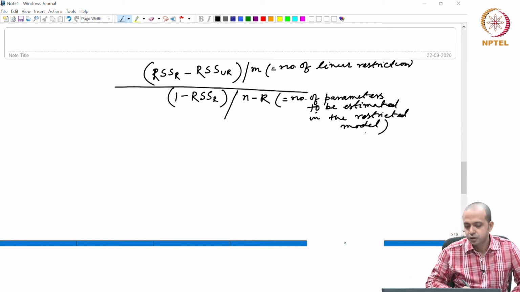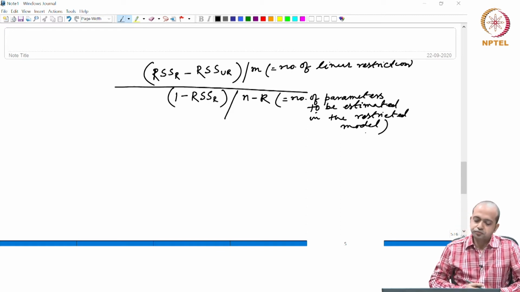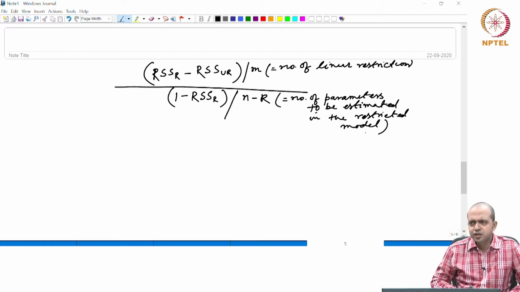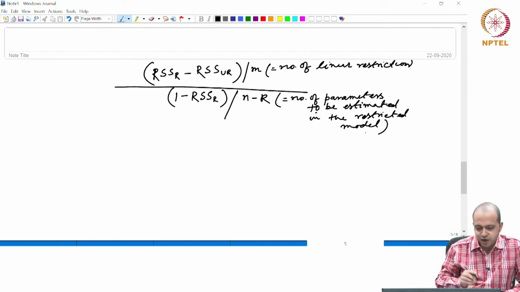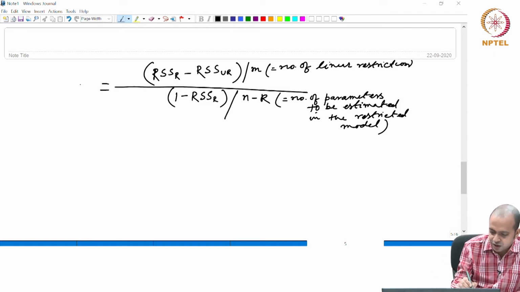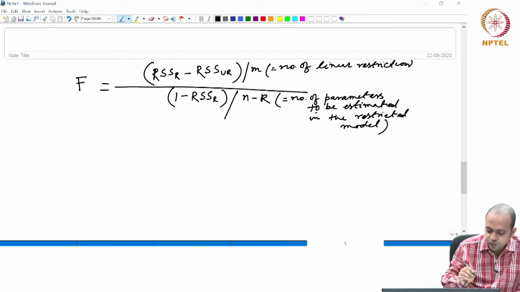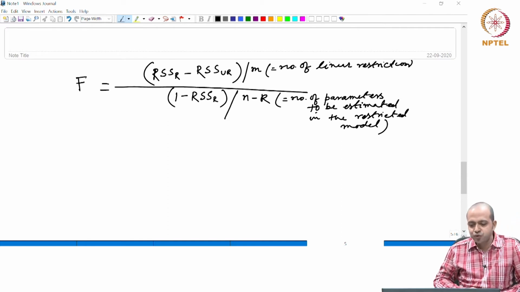Now, first question: when we were testing the equality between two regression coefficients, we used the F statistic, but that F was defined in terms of R square new and R square old. Then why are we not using R square to define the same test statistic here?